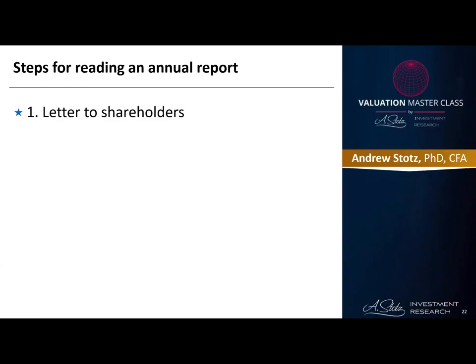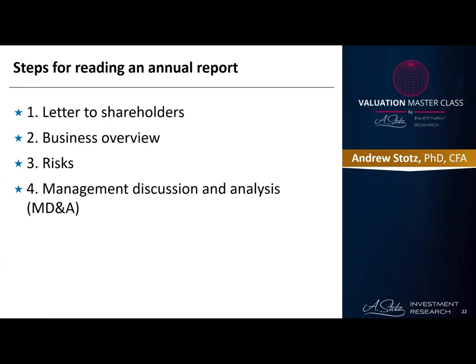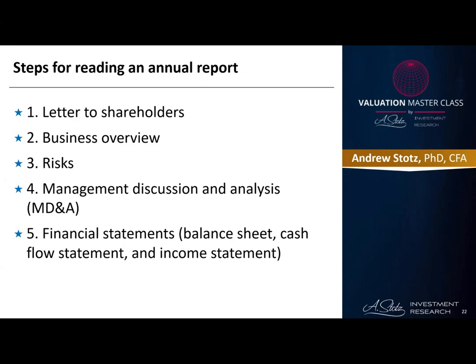The first one, letter to shareholders, then business overview, risks, management discussion and analysis, financial statements like balance sheet, cash flow statement, and income statement. And the last one, audit opinion. For this week, I will walk you through only step one, which is the letter to shareholders, and the rest, from the second to the sixth, I will talk about next week.